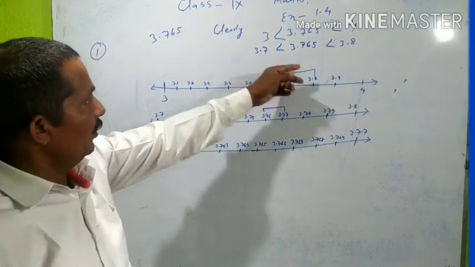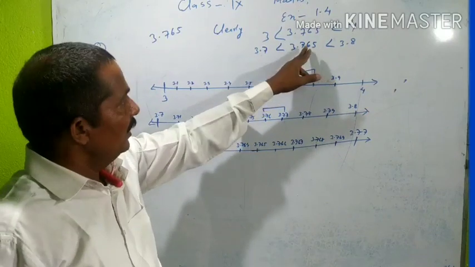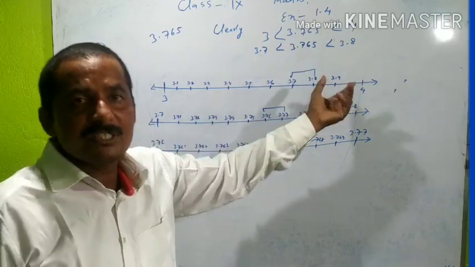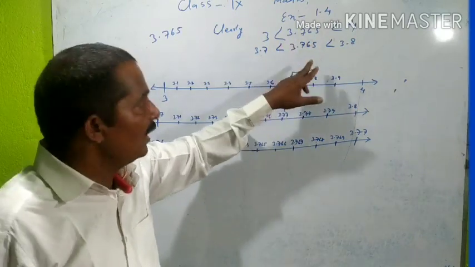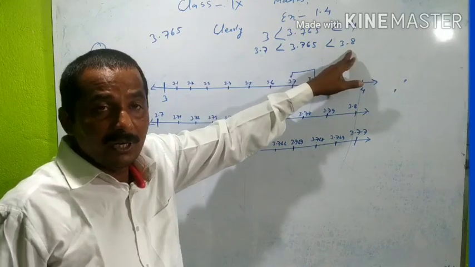After the 7 in 3.765, some more digits follow. So it is clear it is more than 3.7 but less than 3.8.